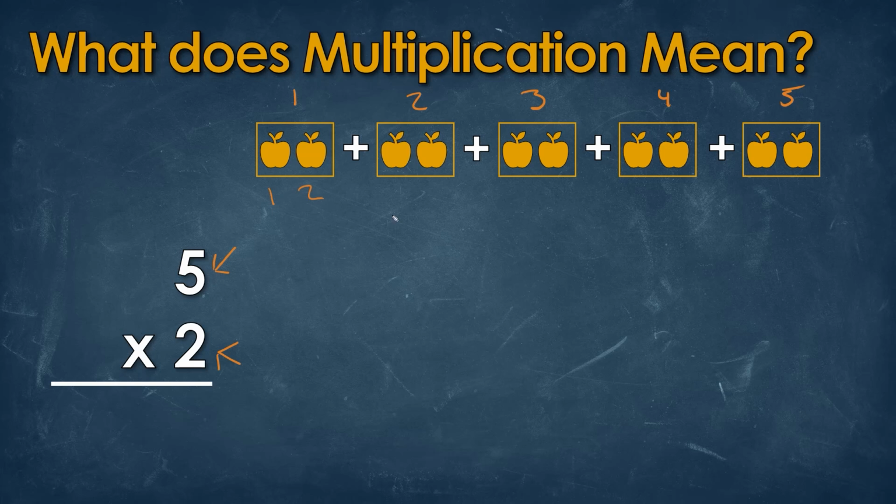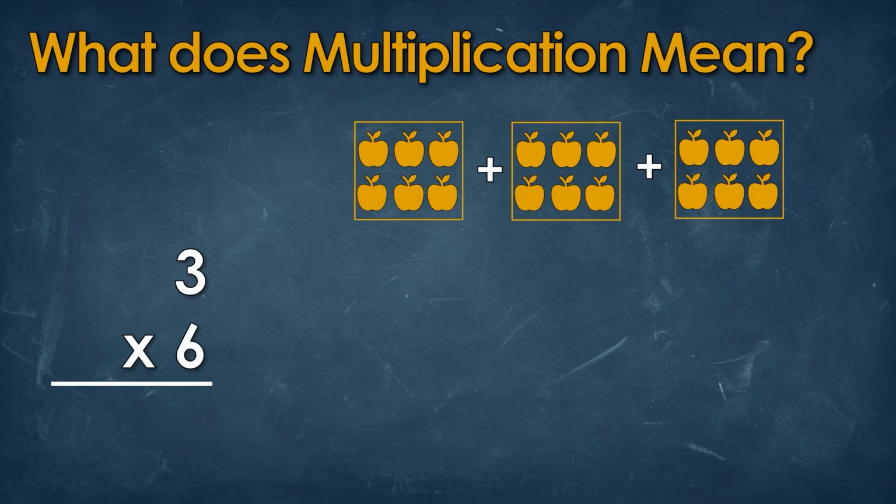Now we can add 2 plus 2 plus 2 plus 2 plus 2 together, but for right now we could just add up all of these apples to understand. So we have 1, 2, 3, 4, 5, 6, 7, 8, 9, 10. So that tells us that 5 multiplied by 2, or 5 times 2, is equal to 10.